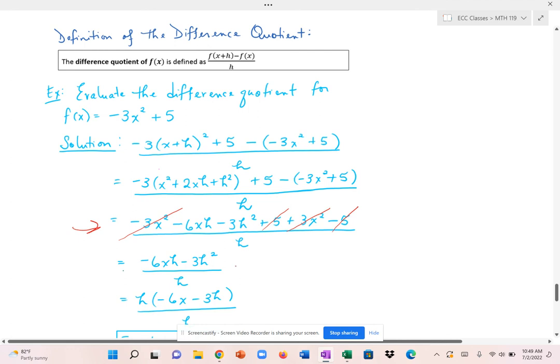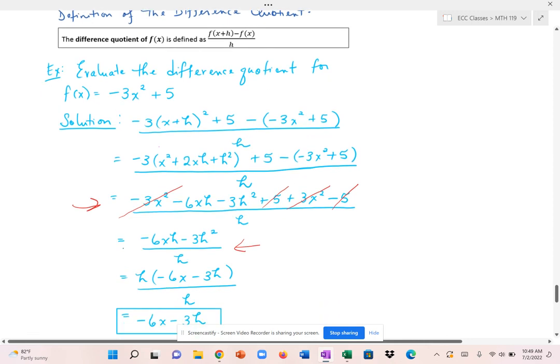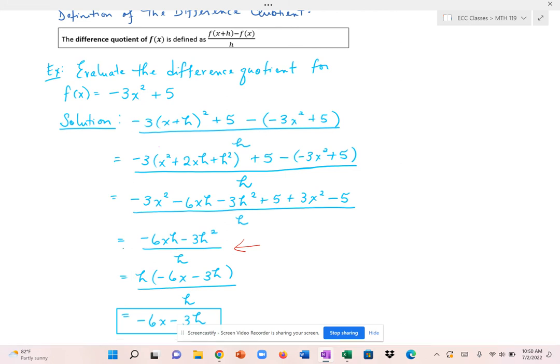So I'm just left with -6xh minus 3h squared over h. That's a rational function on that line that I just wrote, that I pointed to. And rational expressions always have to be left in simplest form.